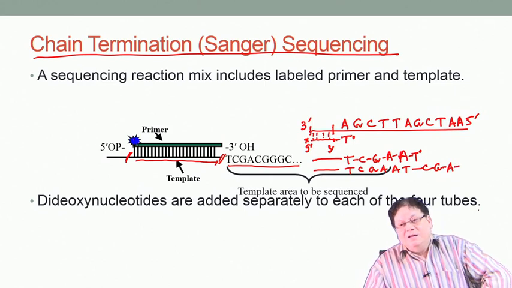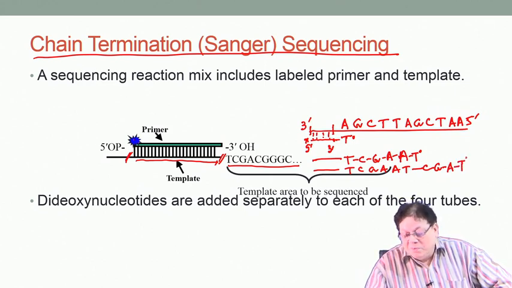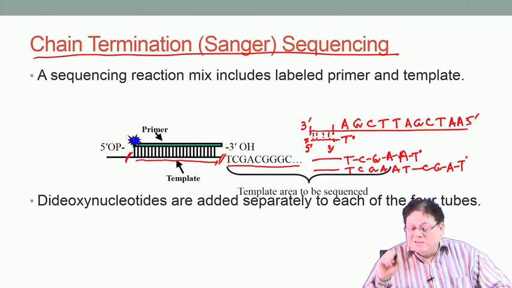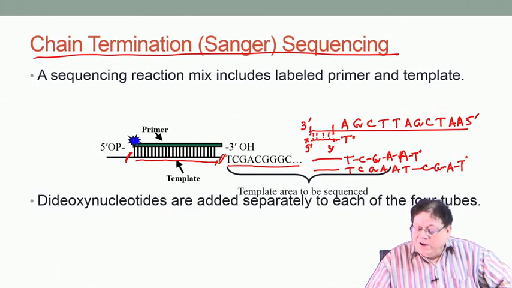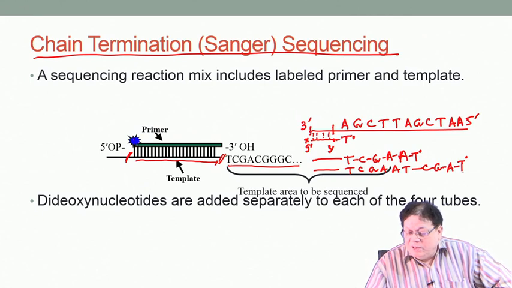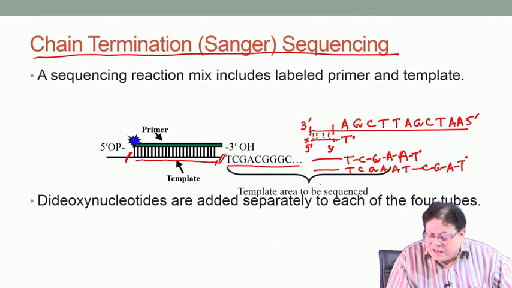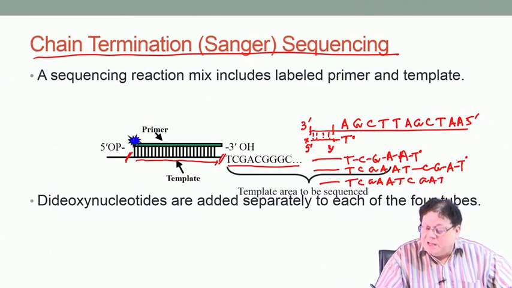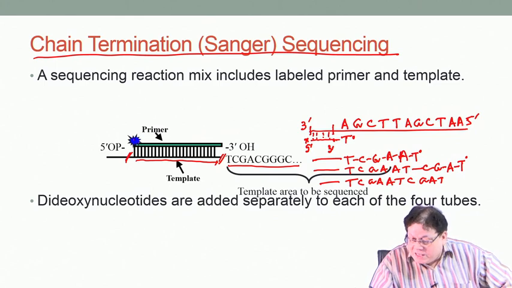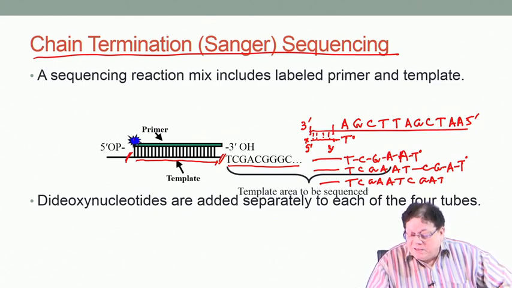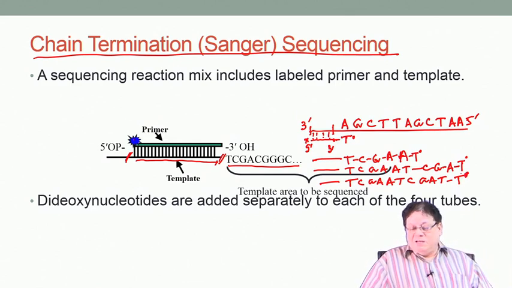Now, then there is a T, so there is a chance of truncation. It takes the dideoxythymine and that will truncate here. But if it takes the right one, then you will get another one, T C G A T C G A T. Suppose this is the correct T that the enzyme has taken, but at the next A, again there is a possibility that it may take a wrong T. Wrong T means the dideoxy T.